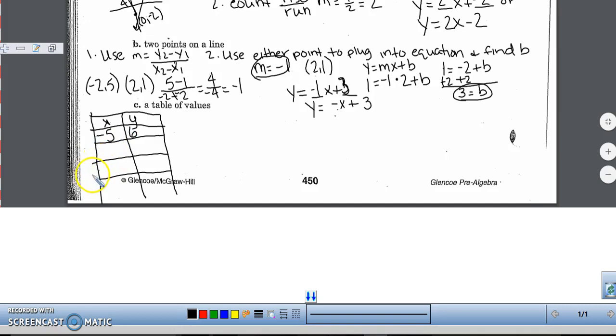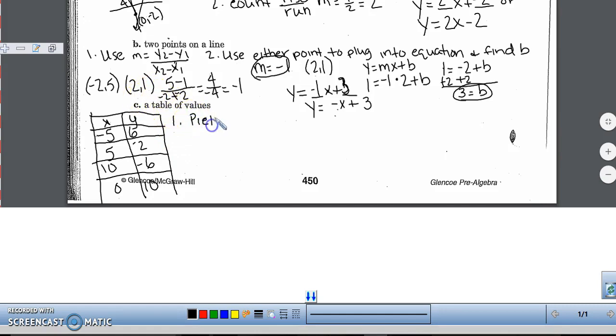And then we've got, can't read my own writing. 5, negative 2, I think it is. 10, negative 6. And 0, 10.